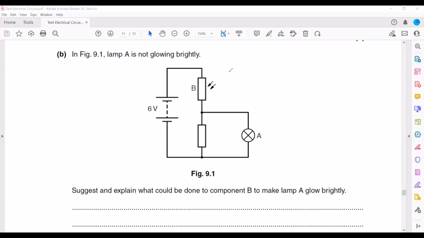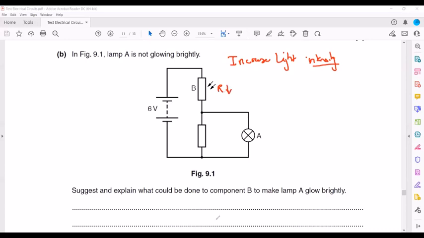If we increase the light intensity, what is the effect on the resistance of the light dependent resistor? More light means it will have less resistance.